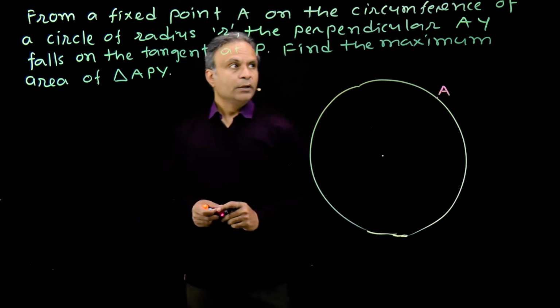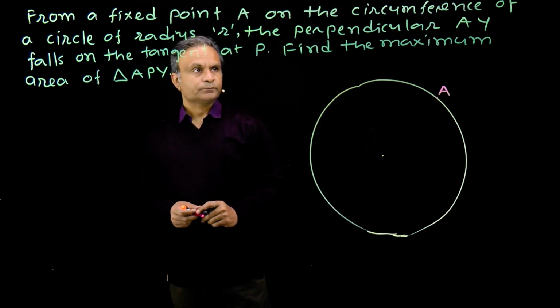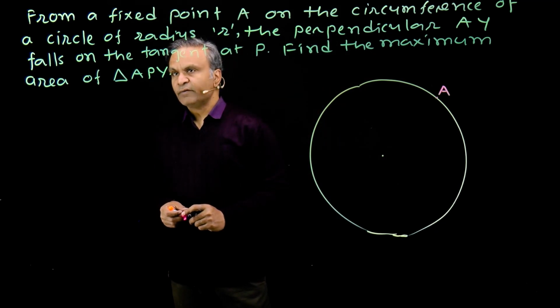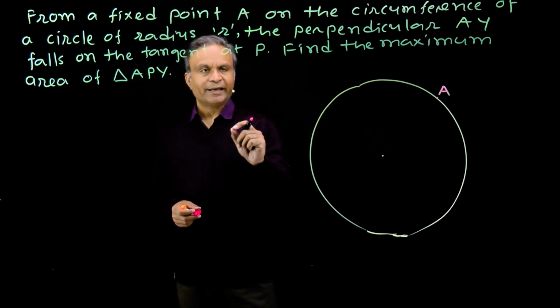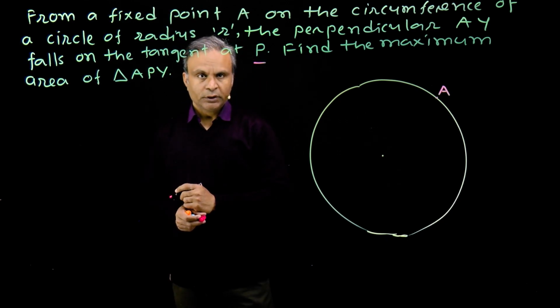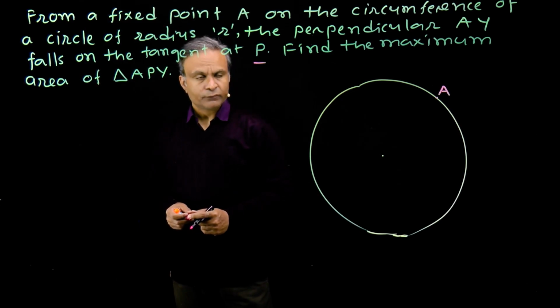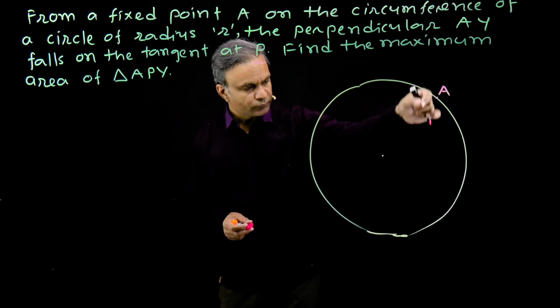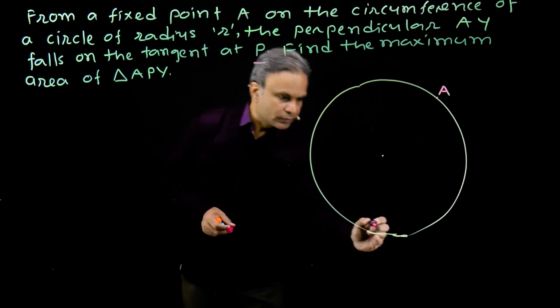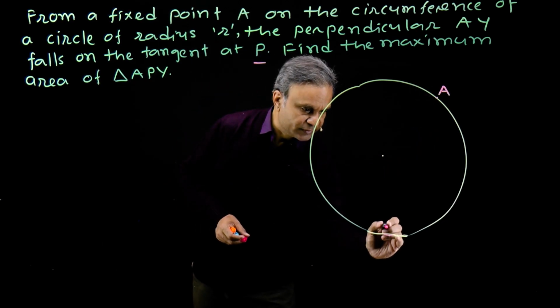Now from this point, perpendicular AY falls on the tangent at point P. Point P is on the circle, on which we are drawing a tangent. On that tangent we are drawing a perpendicular from point A. Then that point P is here.